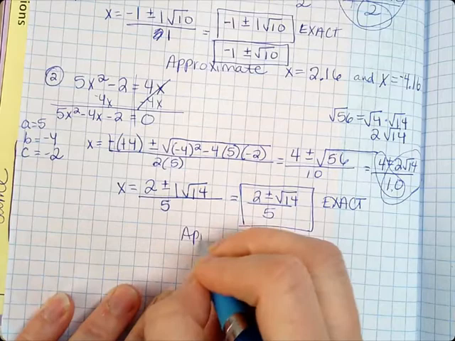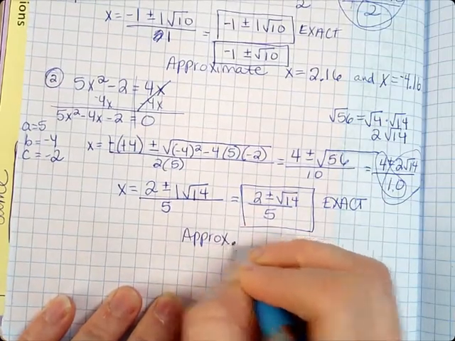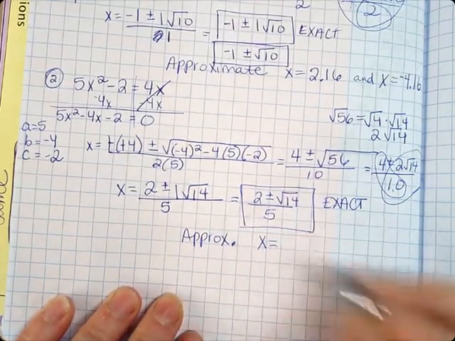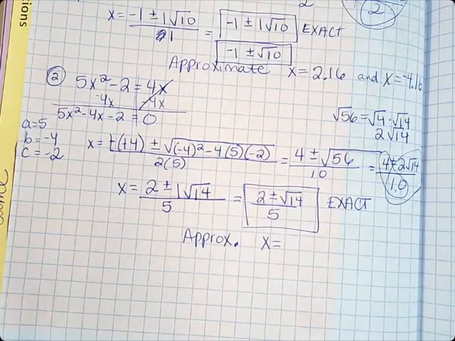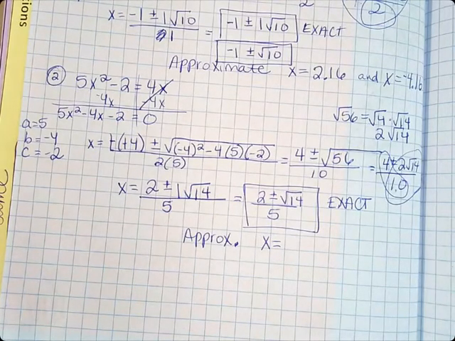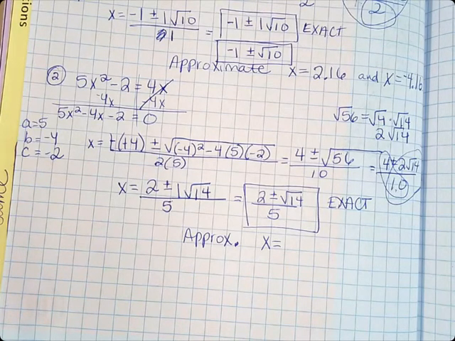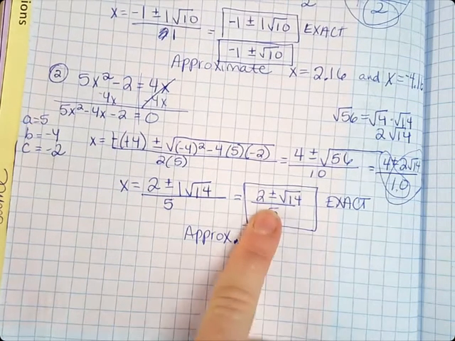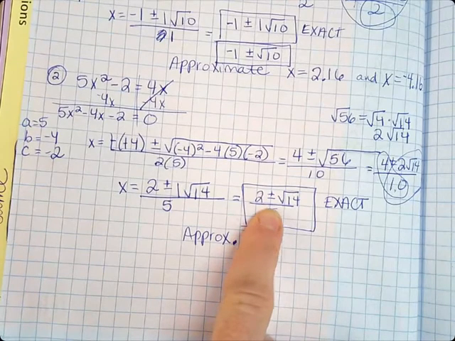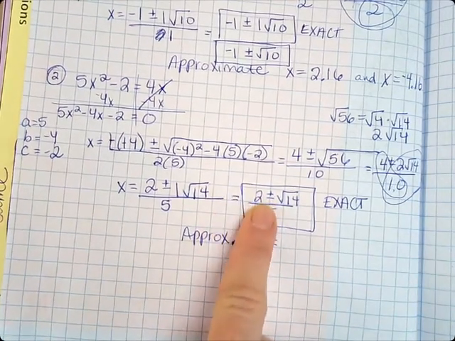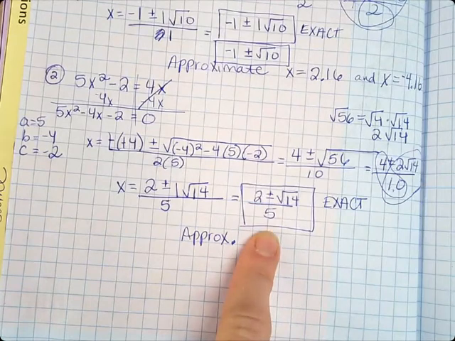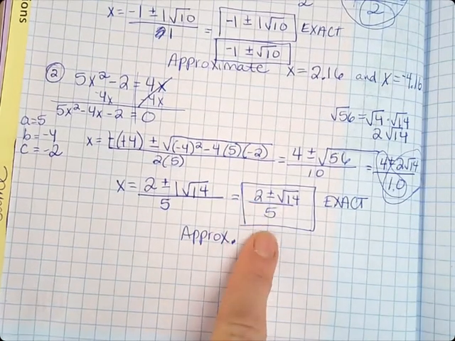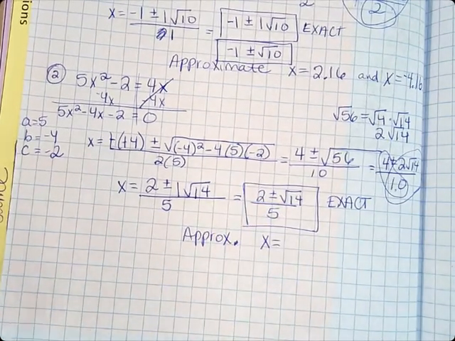So let's find our approximate. I'm going to abbreviate approximate. How do you find the approximate now? Don't do y equals just yet. We're going to need it to compare to something before we put it into y equals. So we need to put this into the calculator to find the approximate. So we'll do 2 plus square root of 14 over 5, and then 2 minus square root of 14 over 5 to get our 2 answers.